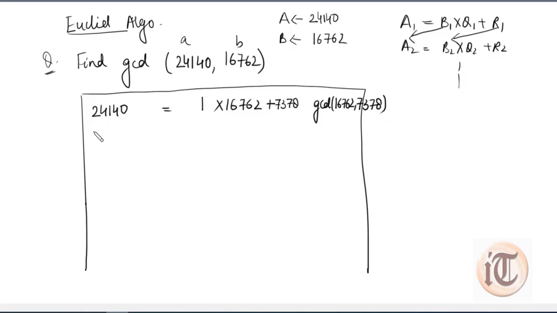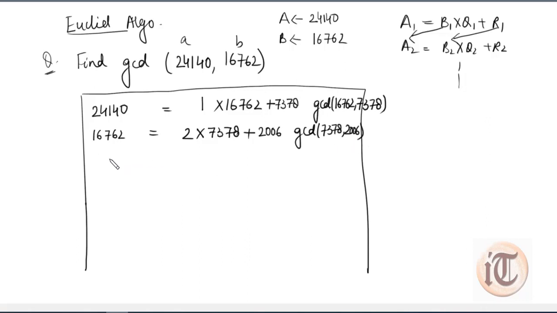Now the next value of A is 16762 and 7378 is the value of B. What number should be multiplied with 7378 so that we get a number equal to or less than 16762? If I multiply 2 with this number, we get a remainder of 2006. So this becomes GCD of 7378 and 2006.